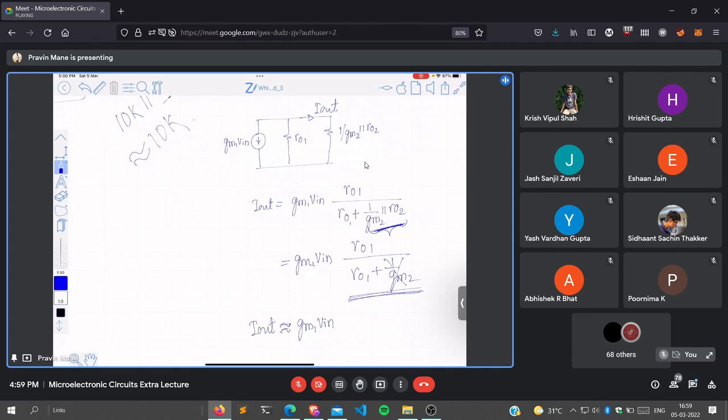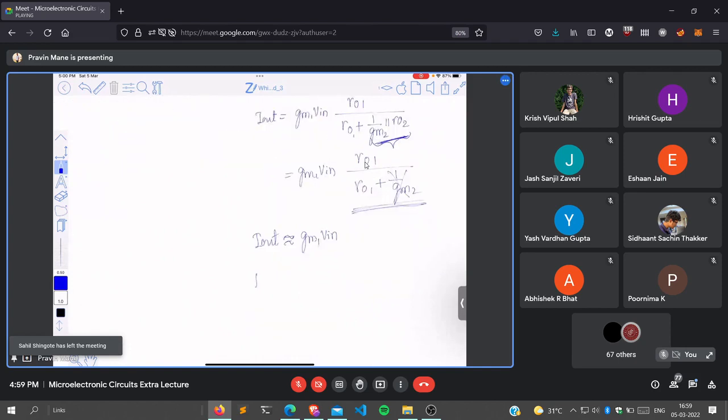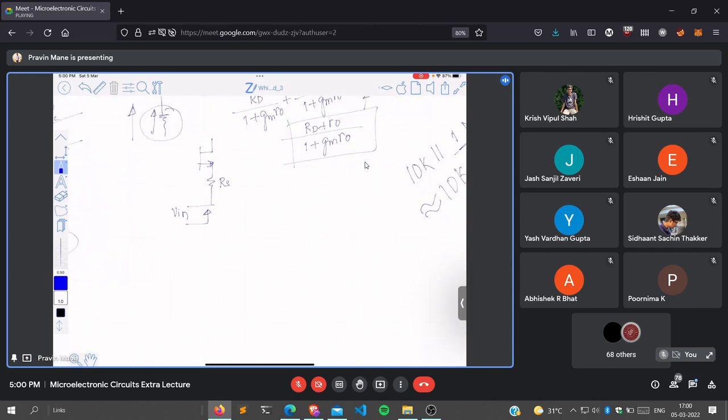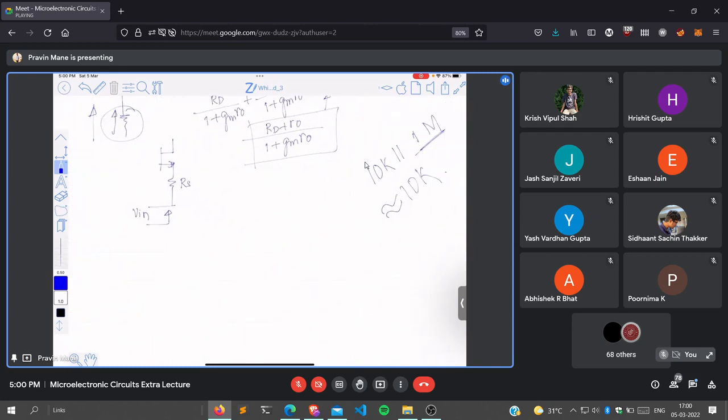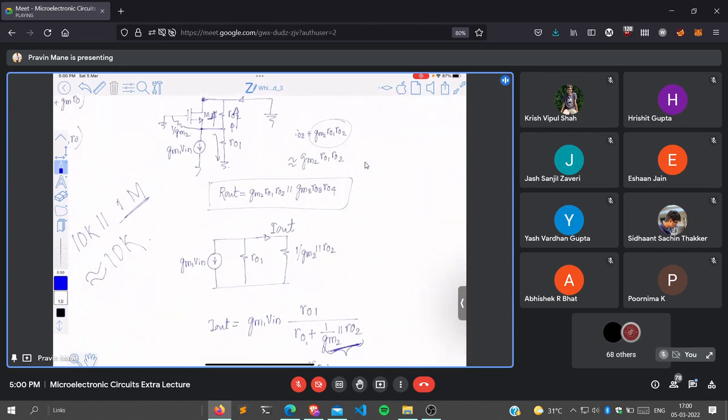So what is happening now? I out by V in, how much is it? GM1. What is I out by V in? It is capital GM. So capital GM is the GM of the input device, in this case the cascode configuration which we have drawn.